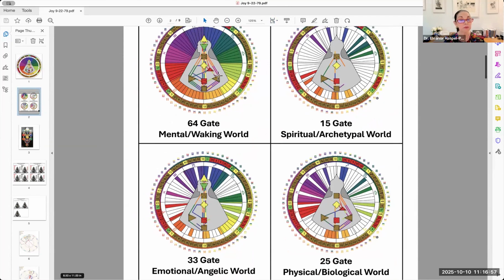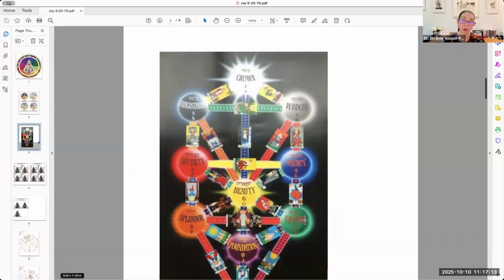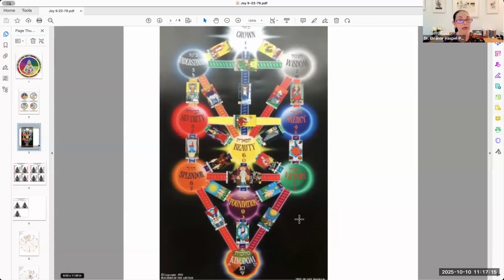Now notice the solar plexus only exists in the mental waking world and the physical biological world. You following me so far? Okay. And I use the Tree of Life a lot. I won't spend time on it, but I will refer to the paths of intelligence and how they operate in you.